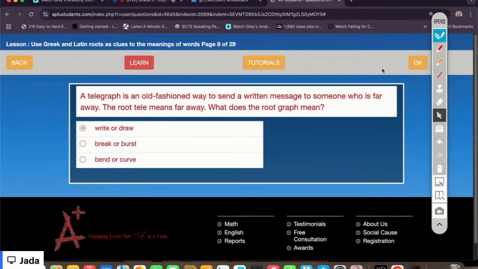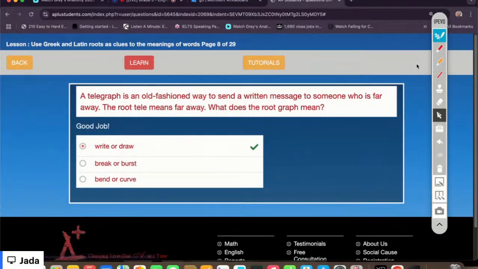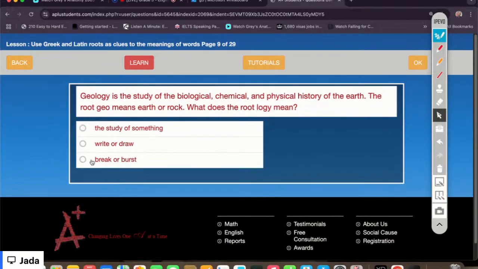So, write or draw. Okay, so that's it for this lesson. We'll move on to the next one.